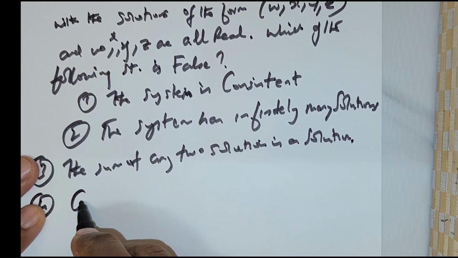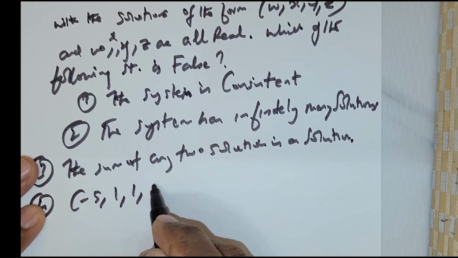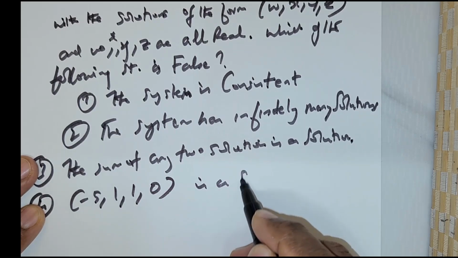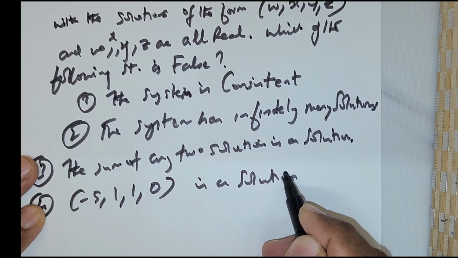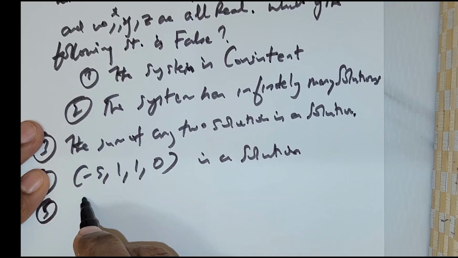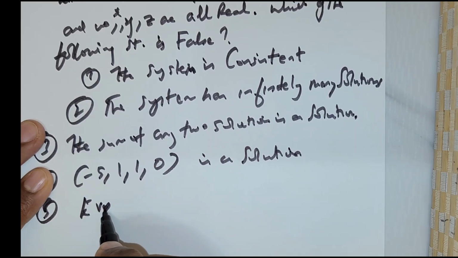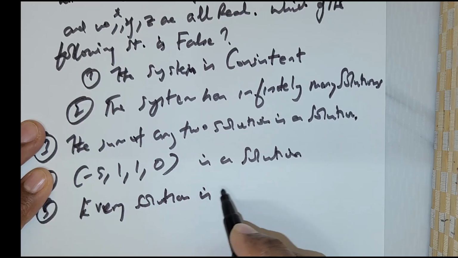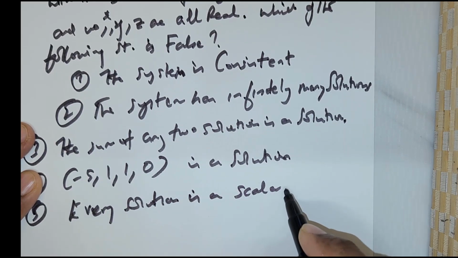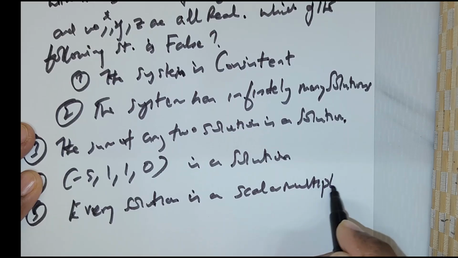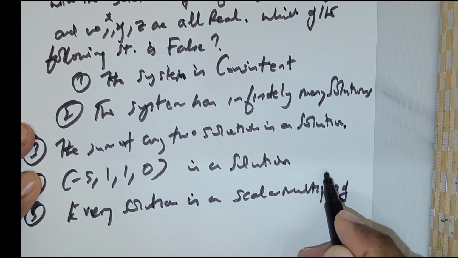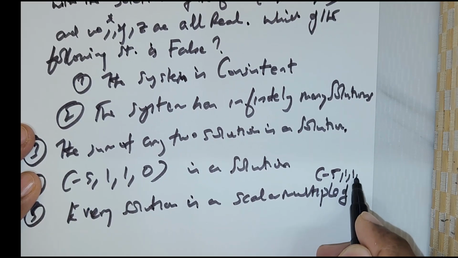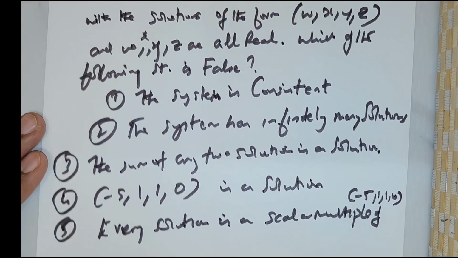Number 4, negative 5, 1, 0 is a solution. Number 5, every solution is a scalar multiple of negative 5, 1, 1, 0.